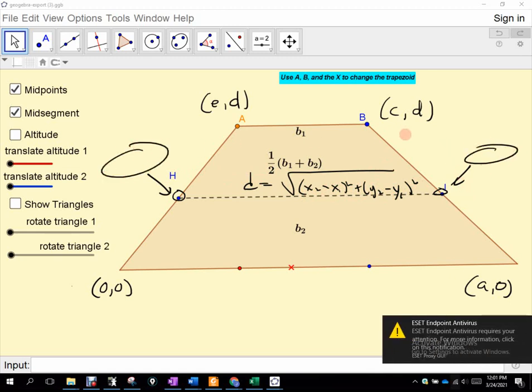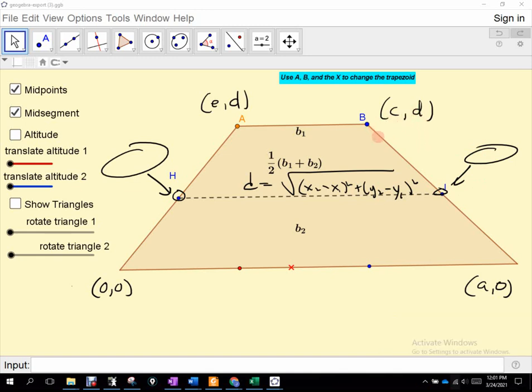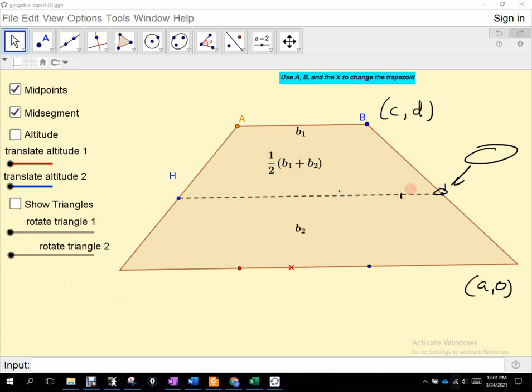Okay? And what that will eventually do for me is provide me this formula. I've got to do a little bit more. I've got to do the distance formula here and here as well. But the distance formula will generate 1/2 (b1 + b2). If we have time, maybe later on, I will go through that process. But that is true.